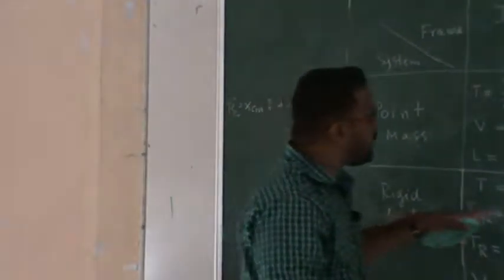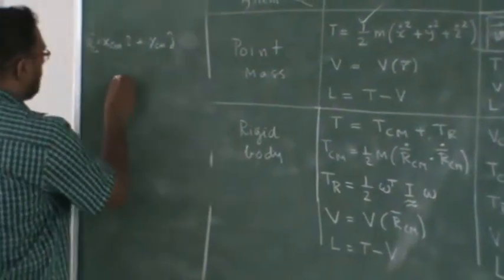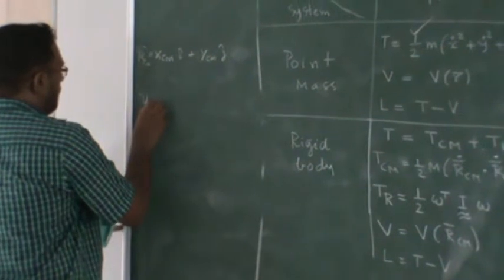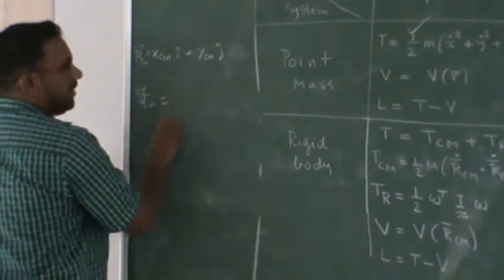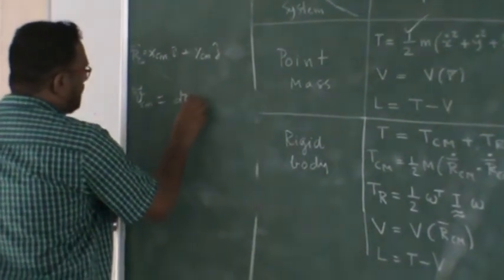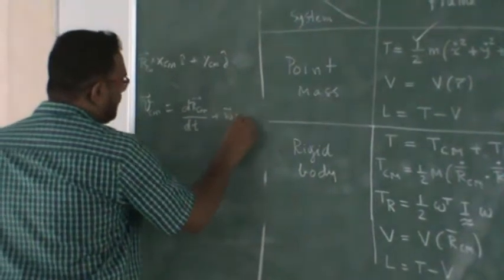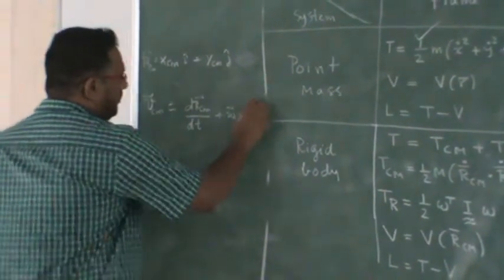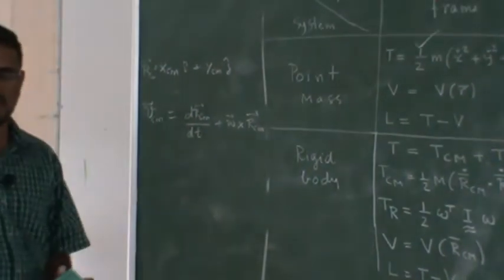This you translate like this. So V is equal to dR cm by dt plus omega cross R cm. Compute this and substitute to get that.